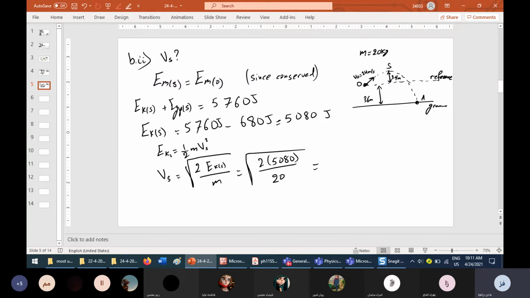Somebody help, dears. 22.54 meters per second. This is the speed at point S.